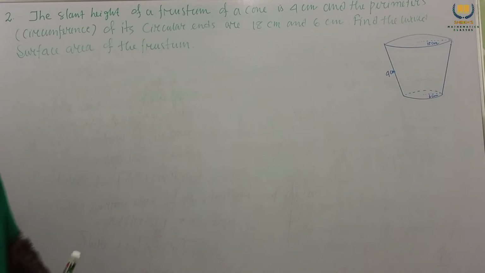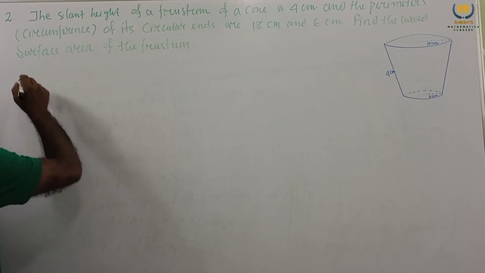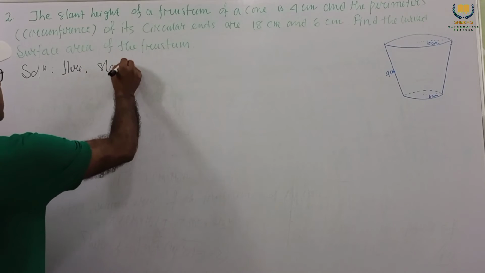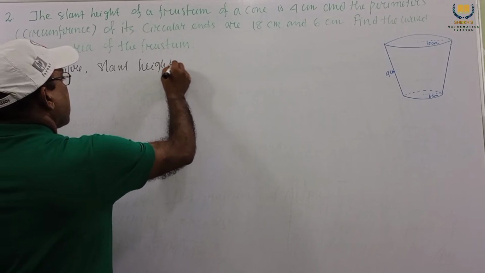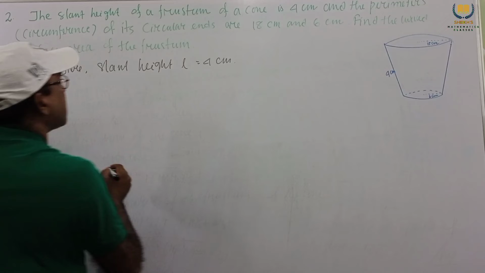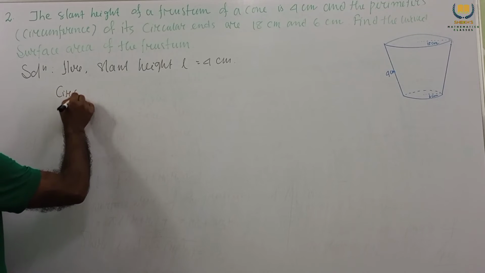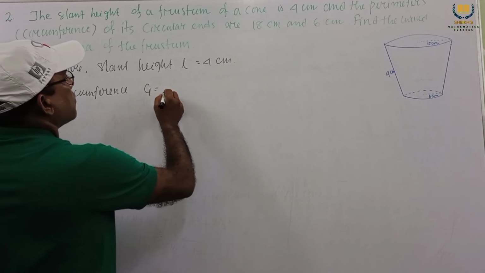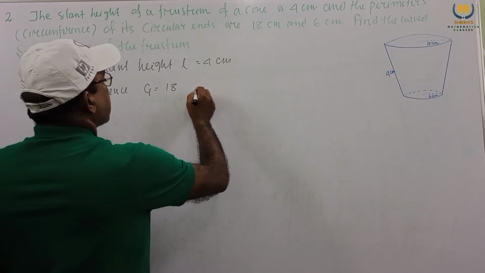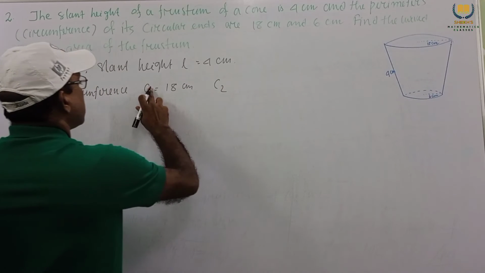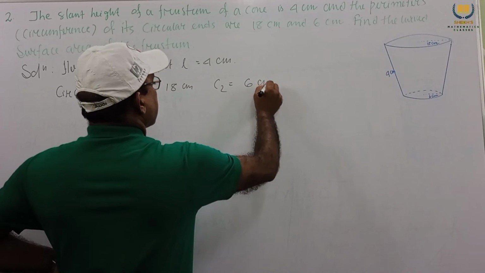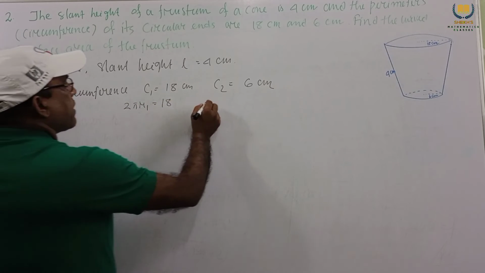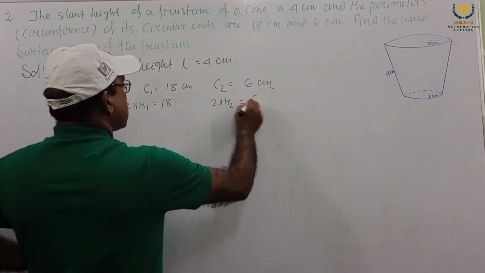Suppose if we consider this is the frustum, then this circumference is given, this one is given, and we have to find the curved surface area. We want to solve this problem. Here cylinder height L is equal to the given 4 centimeter, circumference suppose C1 equal to 18 centimeter, C2 equal to 6 centimeter, and C1 means 2 pi R1 equal to 18 and 2 pi R2 equal to 6.